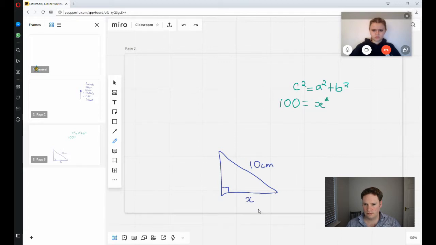It'd be x squared add x squared, wouldn't it? So if we have x squared add x squared, how many x squareds do we have? Oh, 2x squared. Yeah.